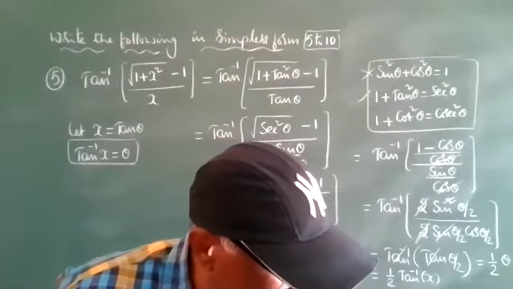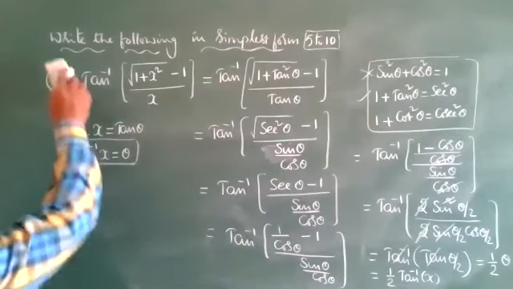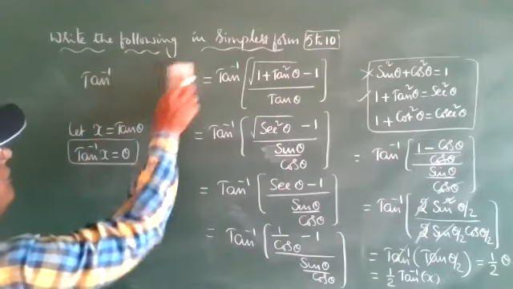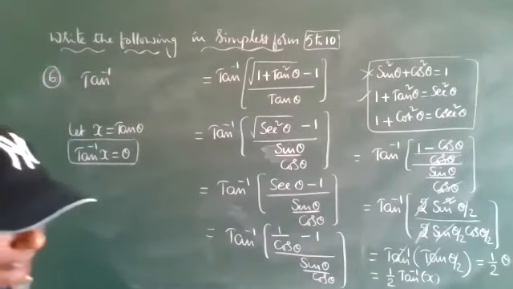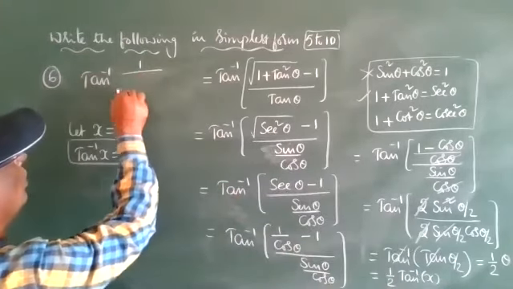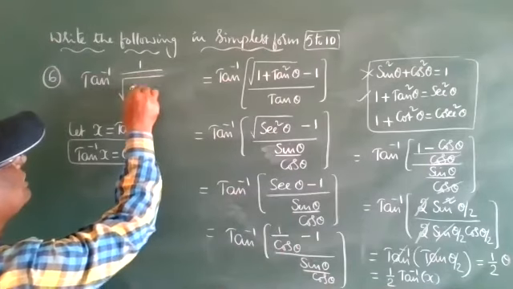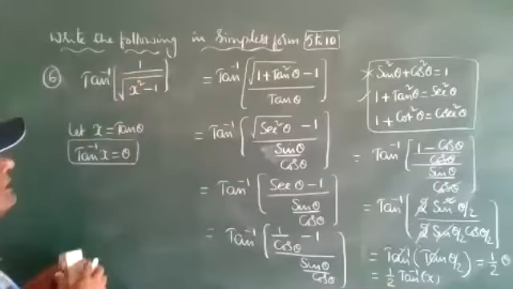Now I go to the sixth problem: tan inverse of 1 by root over x square minus 1. What is the suitable substitution?